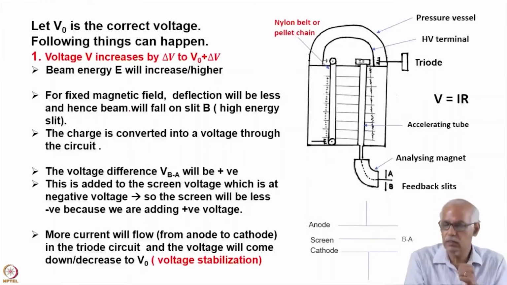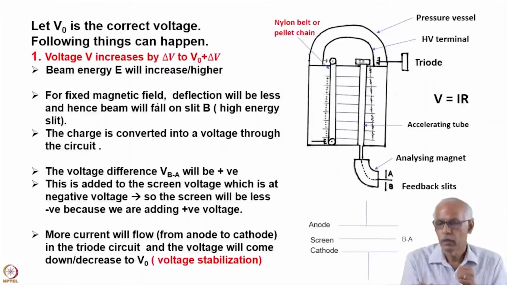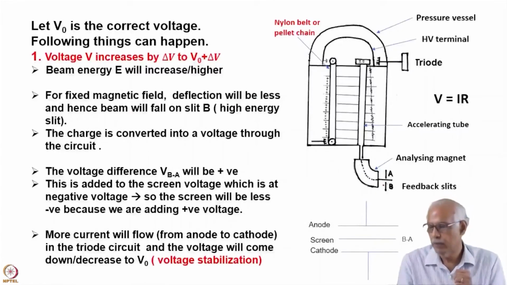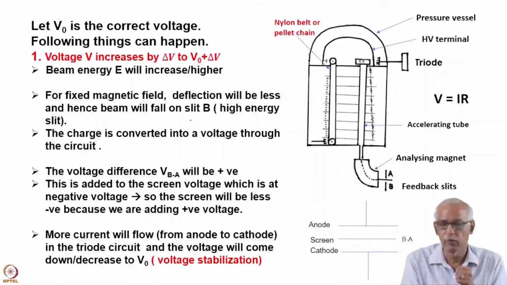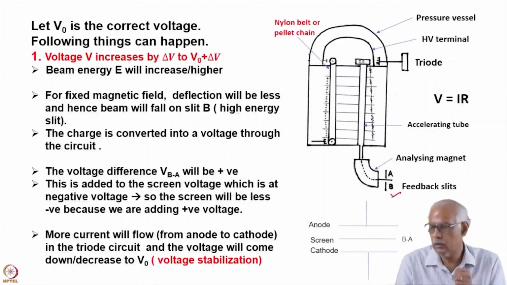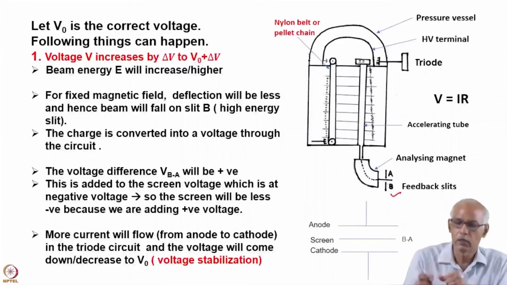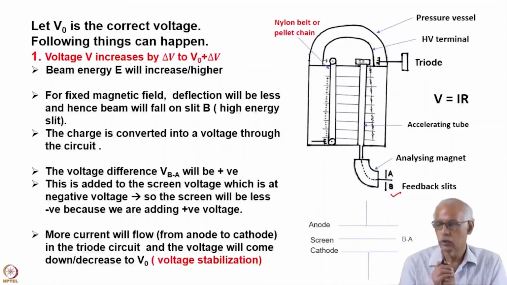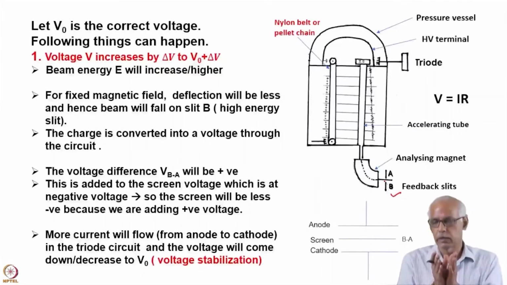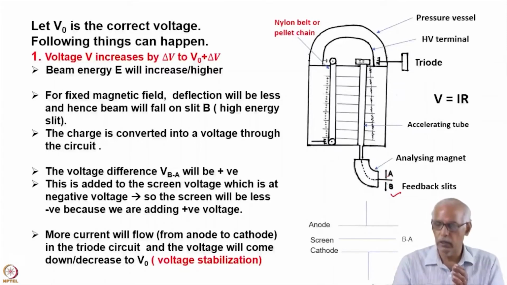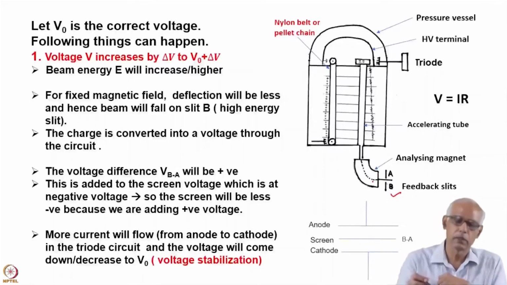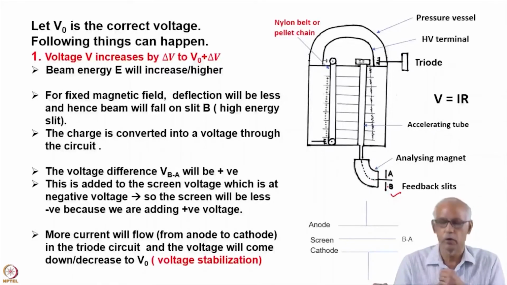Then for a fixed magnetic field, deflection will be less here, and therefore more beam will fall on B. We call it the high energy slit. Since the beam is always diverging, some beam is always falling on both A and B, but now because of the increase in energy, more beam will fall on B.